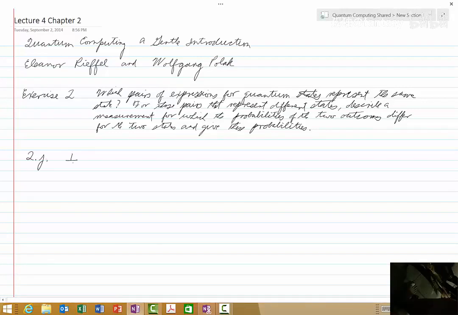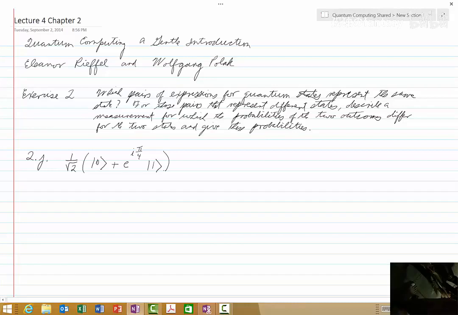The two different states that we are supposed to consider are the following. We have 1 over the square root of 2 times the 0 ket plus e to the i pi over 4 times the 1 ket.